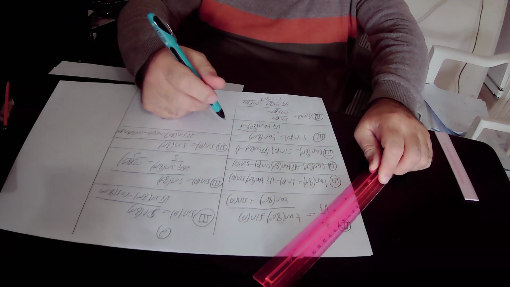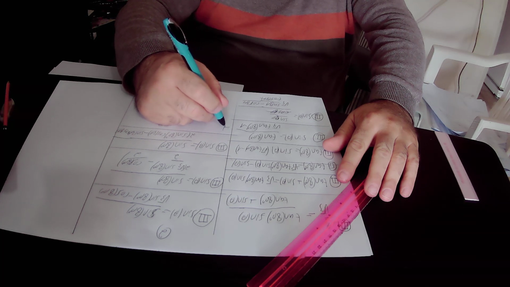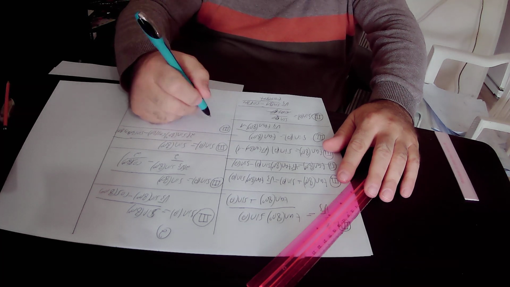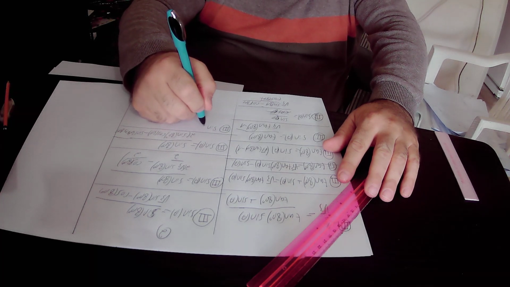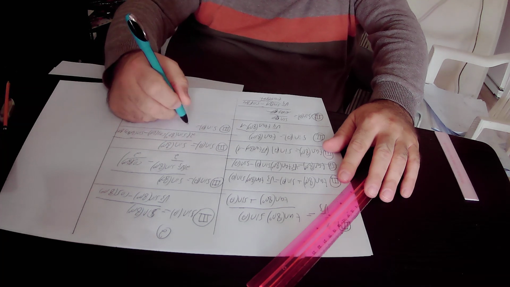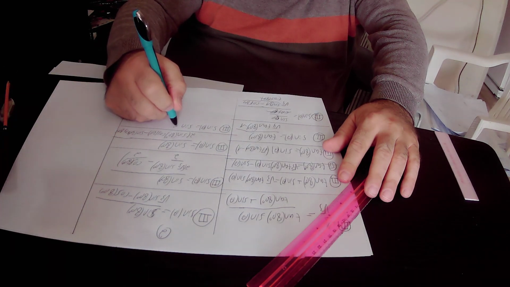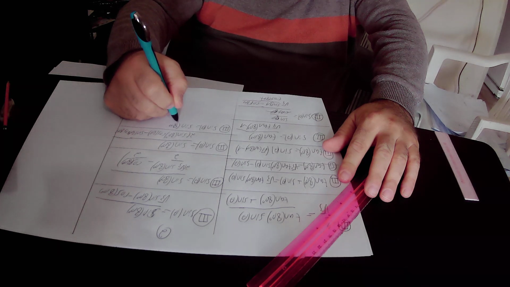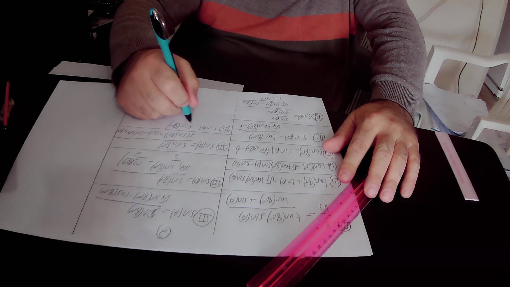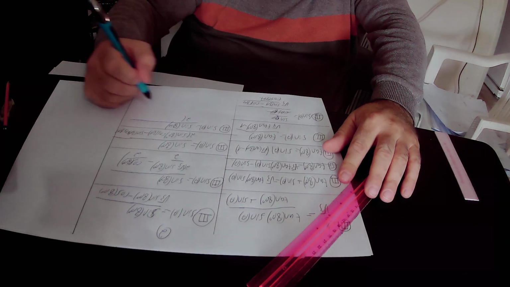So we got that sine theta equals sine 80 degrees over 2 times.